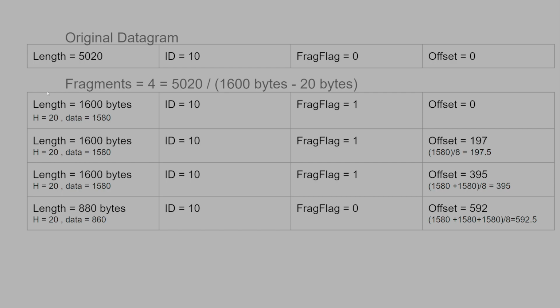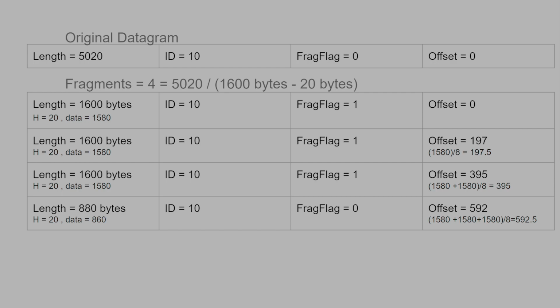To do this, we find the fragment payload size, and we take the total payload of 5020 bytes and divide it by 1580, which is the 1600 byte MTU minus 20 for the header. We take the ceiling to figure out the total number of packets needed, since we can't have partial packets.